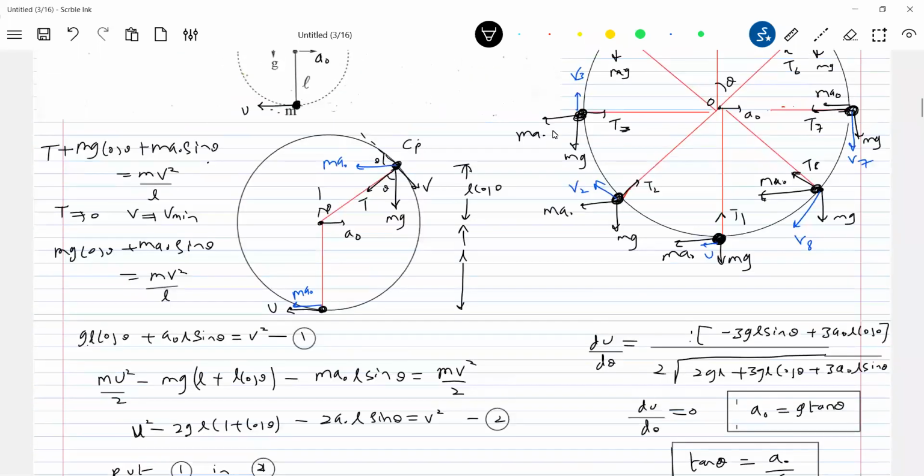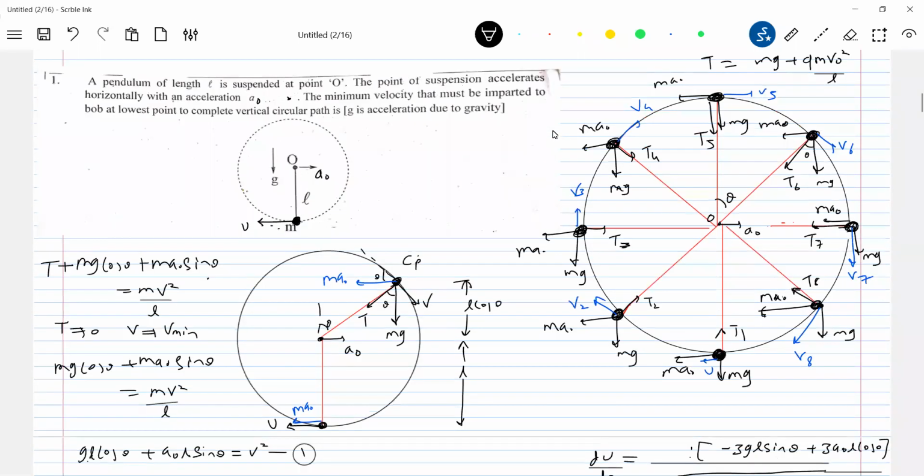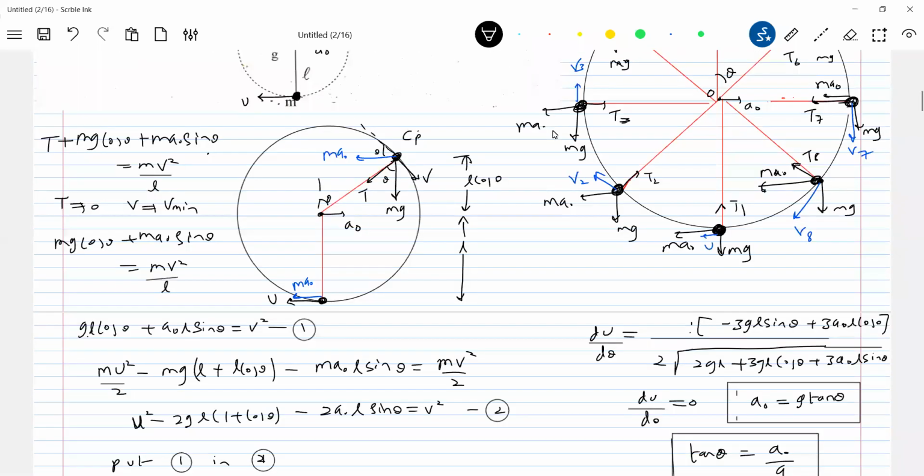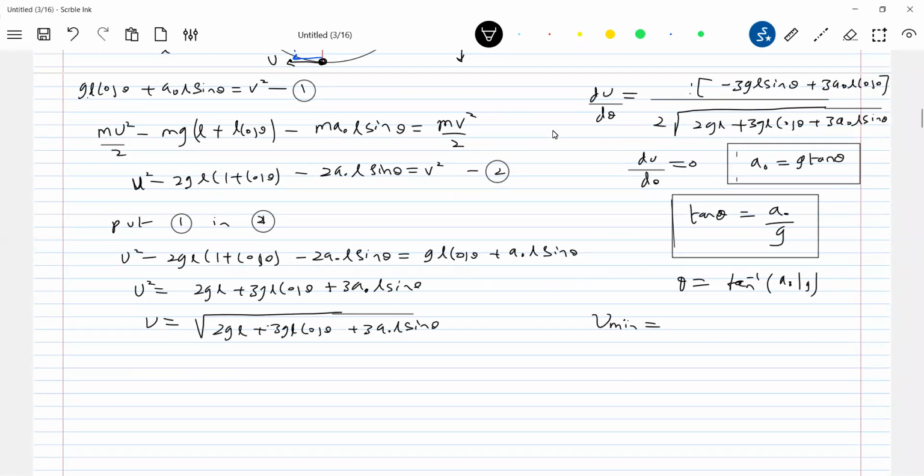When the string makes an angle theta, I define theta with respect to the vertical. Now look at the critical point. I think we'll first calculate the sin theta and cos theta values. Can you work out further? So this is theta, tan theta is a naught by g, so the hypotenuse will be the root of a naught square plus g square.